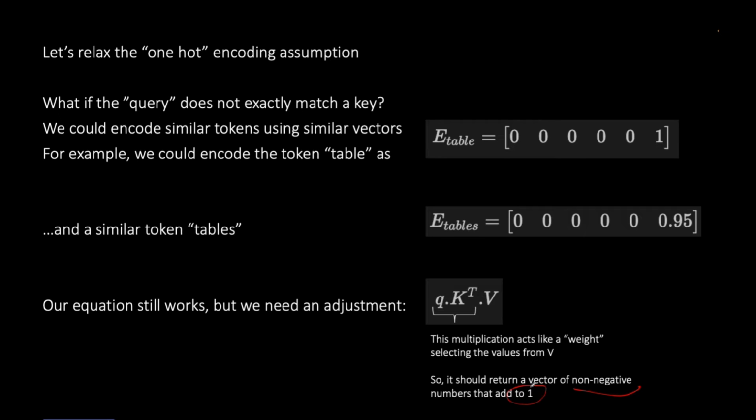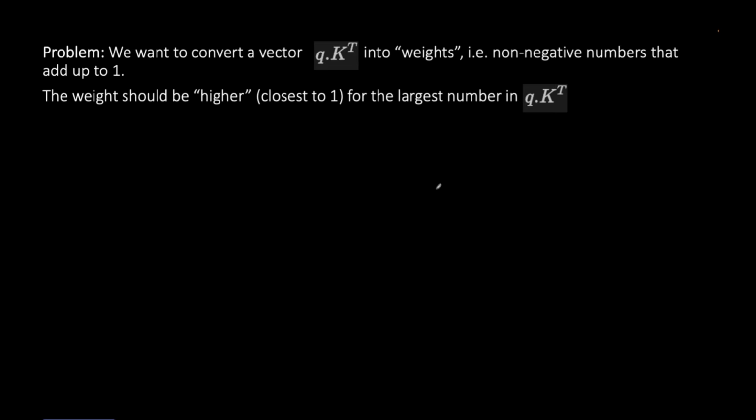They could be 0, they could be up to 1, but they shouldn't be -7 or something like that. There is nothing in this equation that prevents these numbers from going negative or adding to more than 1. So we're going to have to use a function to transform this into the appropriate weights.